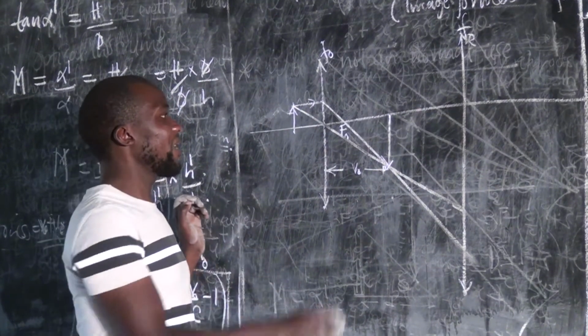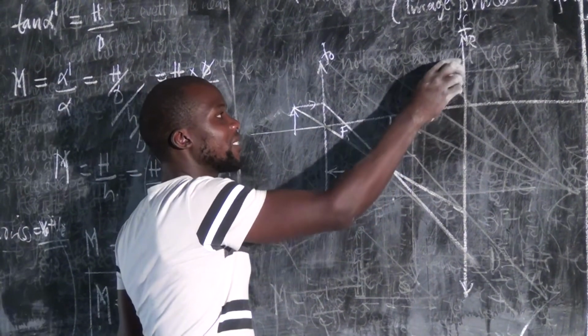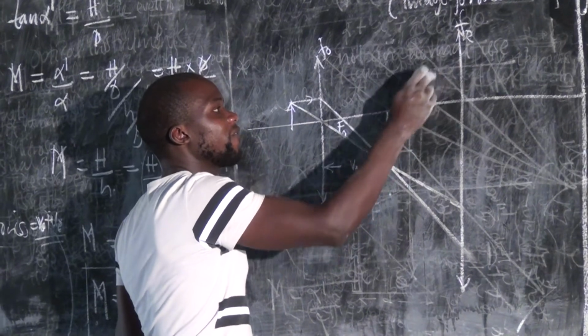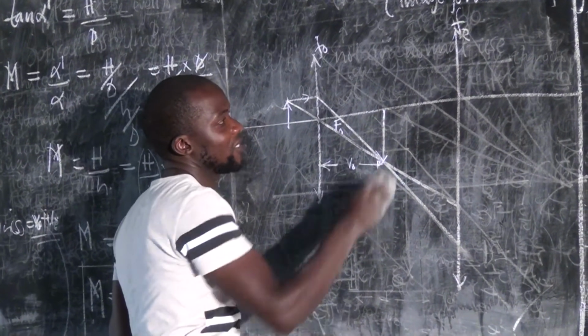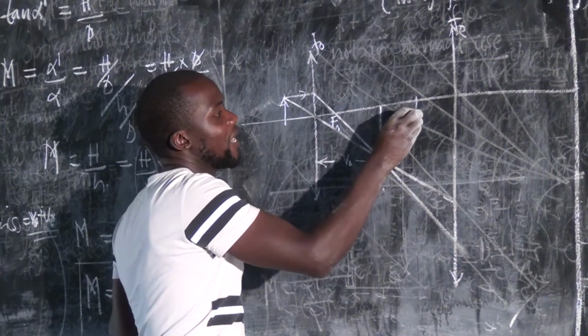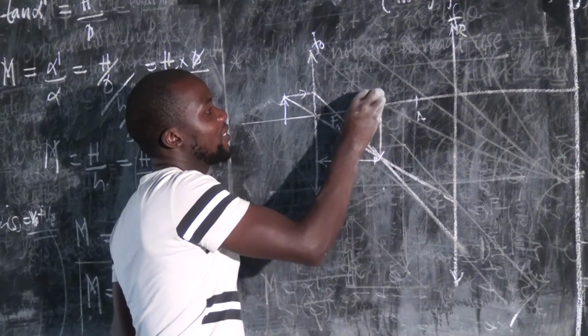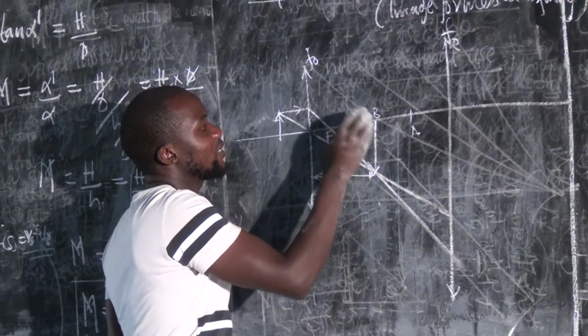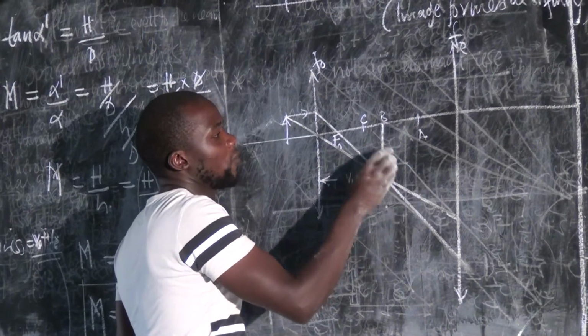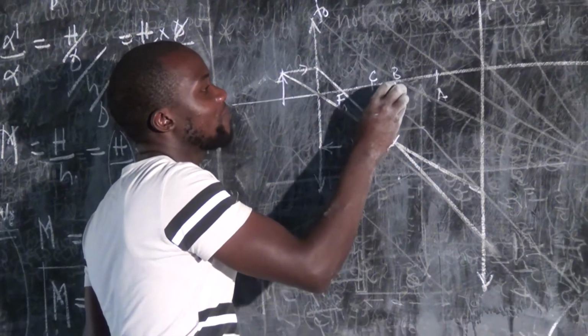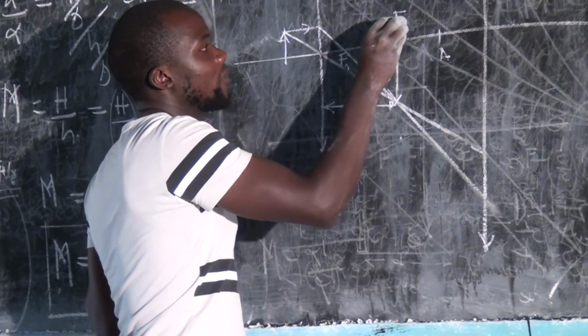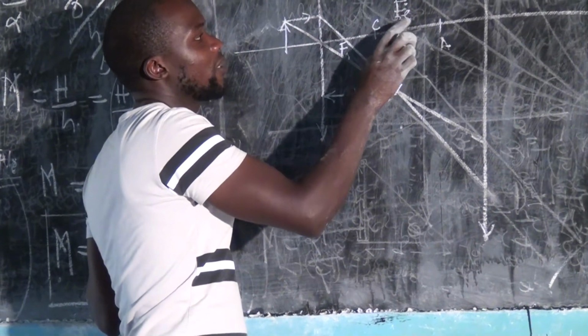Where can we put the FE of this other lens? Is it somewhere here at A? Is it at B? Is it at C? We are putting FE at B. Why?